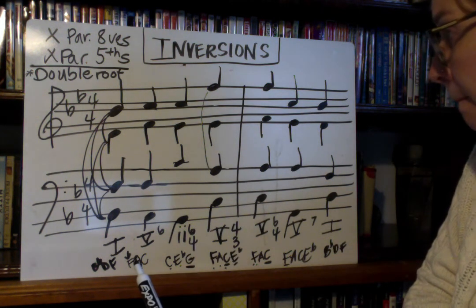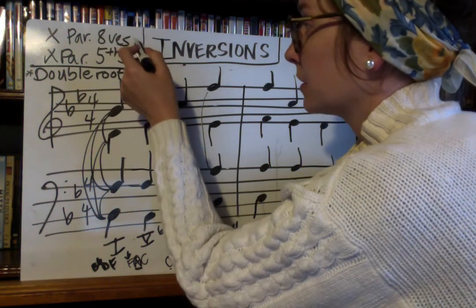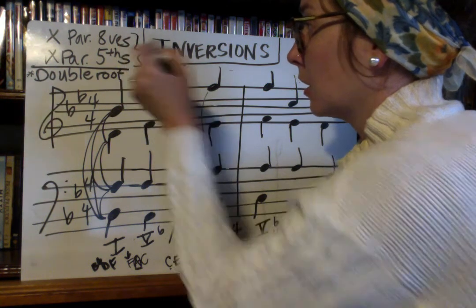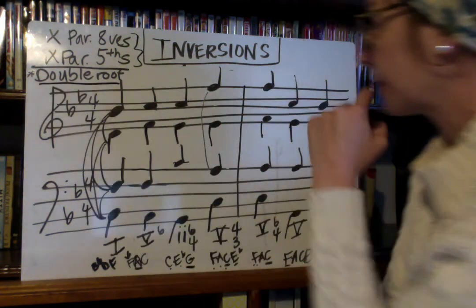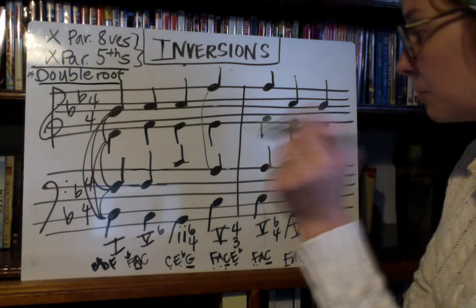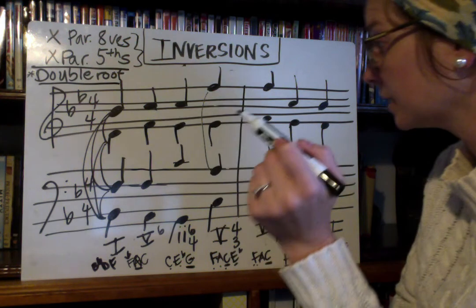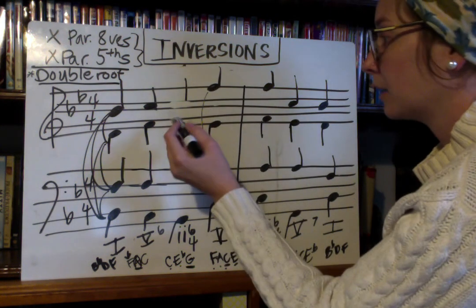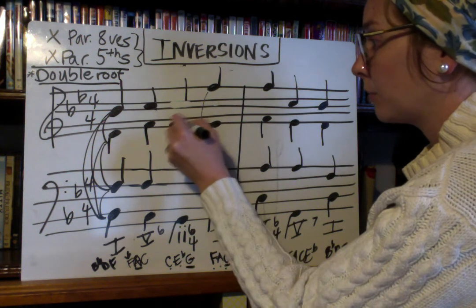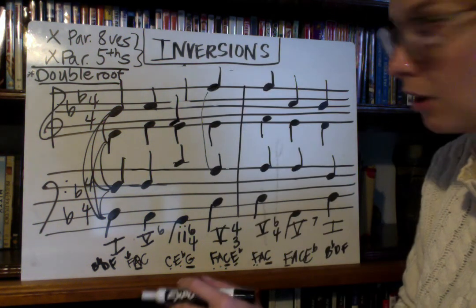Okay, my biggest advice to you guys is watch your parallel fifths and your parallel octaves. You guys had a lot of trouble with that. Always try to double the root. And try to not make super ginormous jumps in your voices. You had like a soprano going from an F to an F, something crazy like an octave.